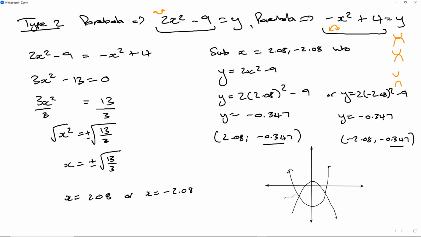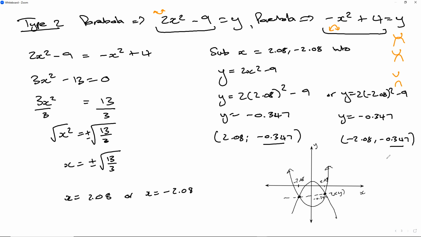Something like that, where they both cut at the same y value, negative 0.347. But they have two different x values. The first one is negative 2.08, and the other one is positive 2.08. Y-axis, x-axis. Intersection points over here would be x, y, each of those. This one would be there, and that one would be there.